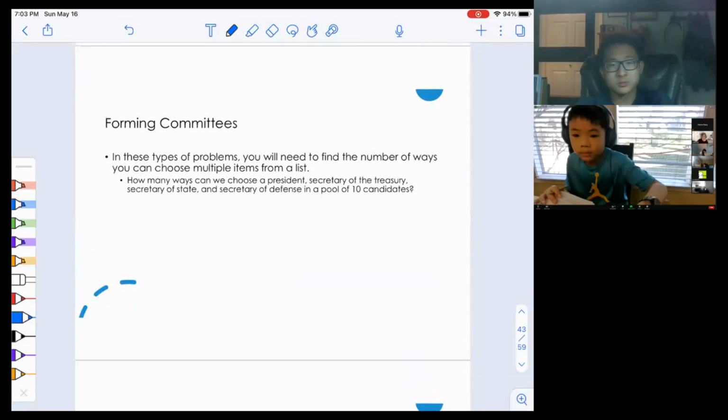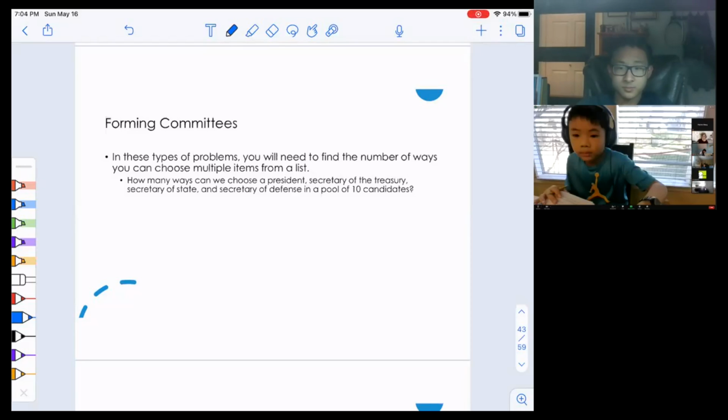So here we'll talk about forming committees. In these types of problems, you'll need to find the number of ways you can choose multiple items from a list. So how many ways can we choose a president, a secretary of the treasury, a secretary of state, and a secretary of defense from a pool of 10 candidates? There's a formula for doing this, but I'll show you how I usually do it using permutations. Here we're basically picking 3 from 10.